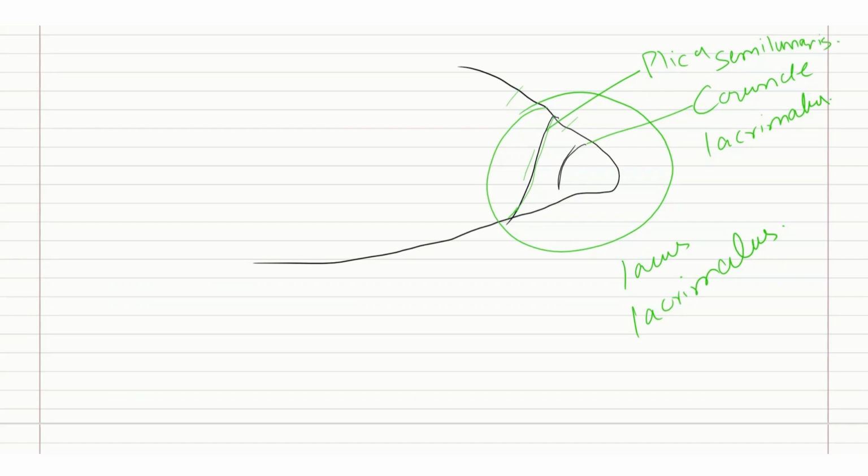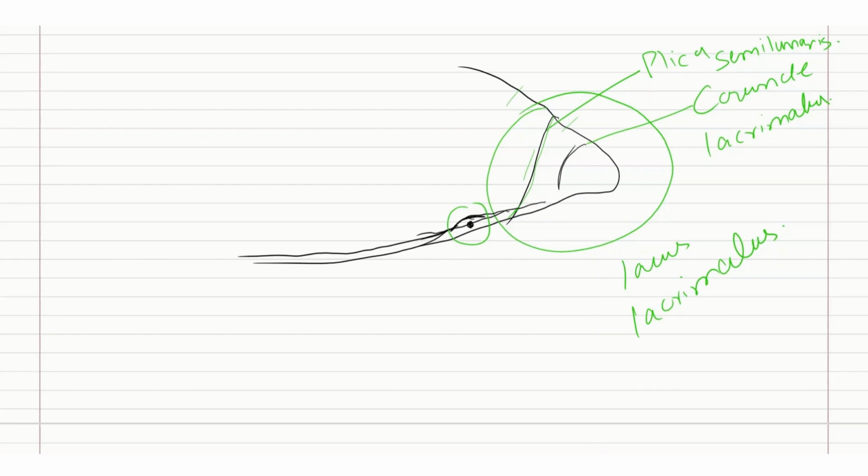Now, if we draw the eyelid margin, we have this elevation right here, and there is a small oval structure present inside this elevation.